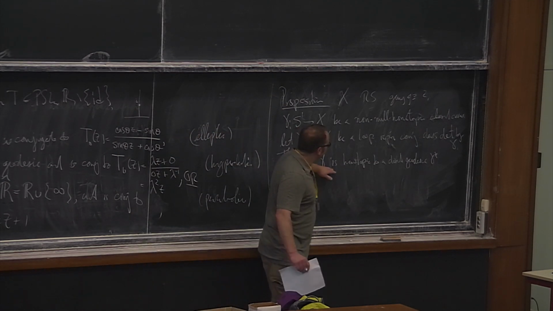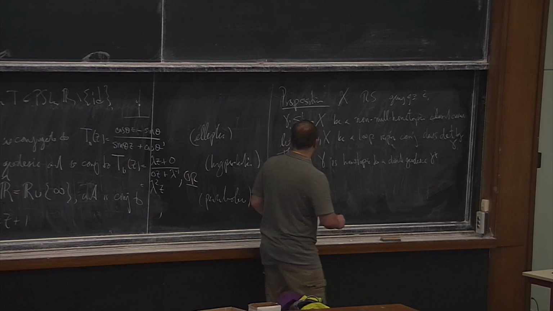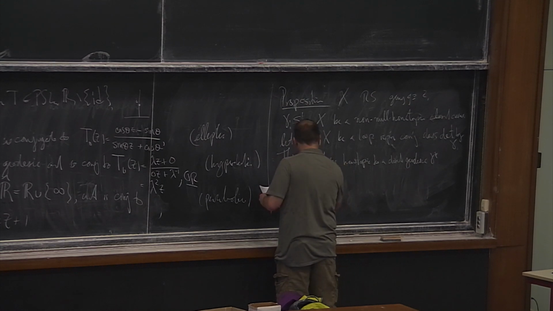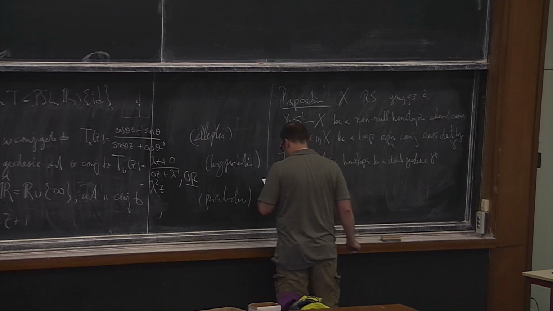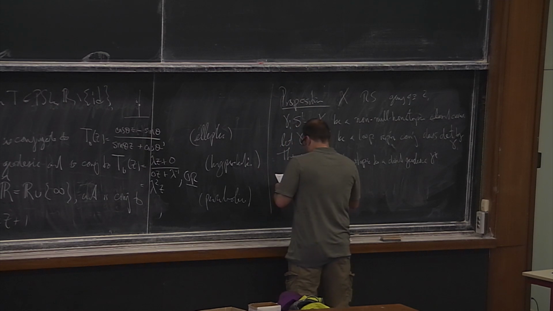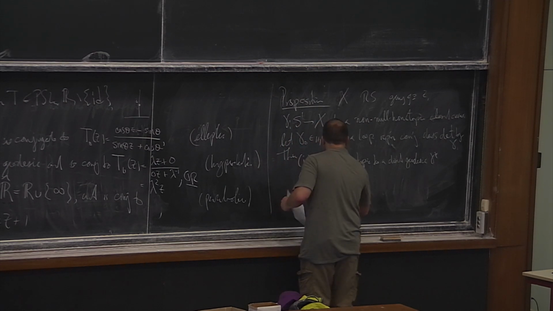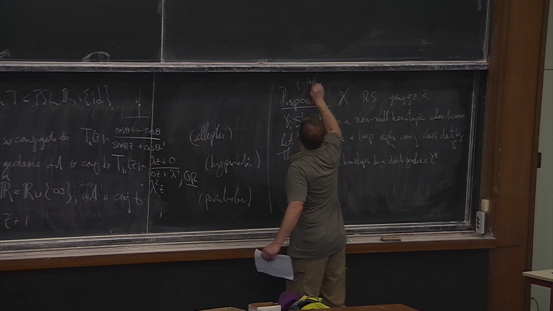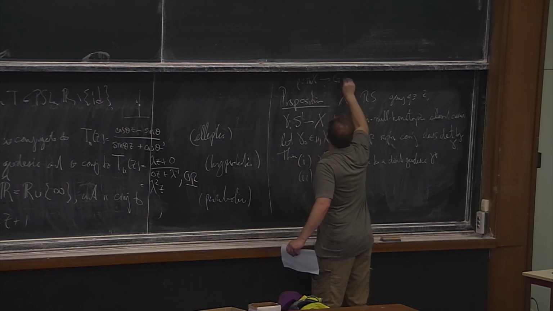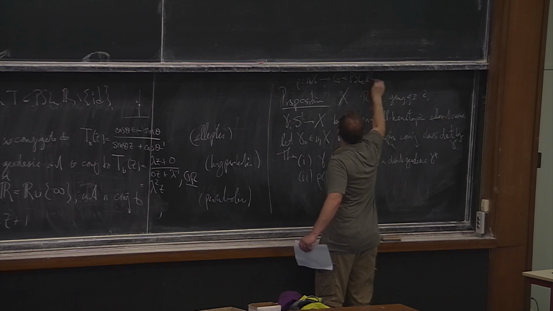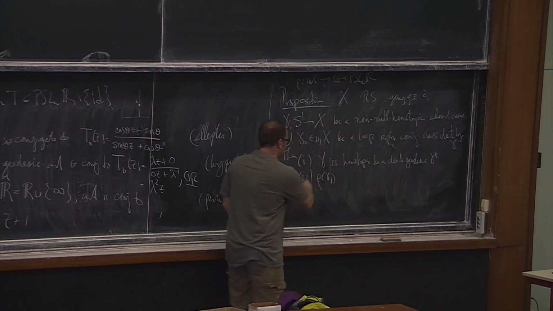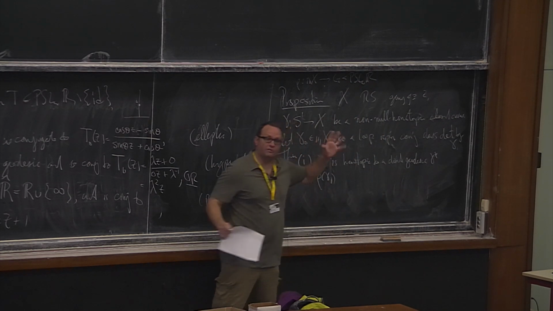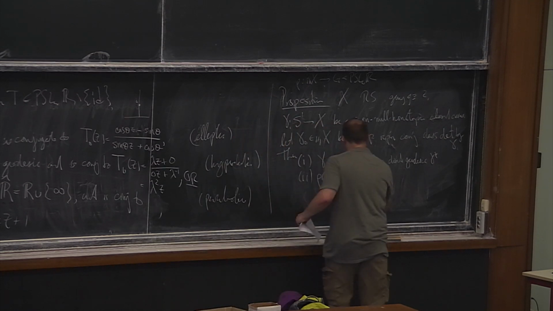OK, so gamma is homotopic to a closed geodesic. Two, the image, so remember rho was our homomorphism from pi 1 of X to G, elements of PSL2R. So this element of pi 1 acting on the universal cover is a hyperbolic isometry.